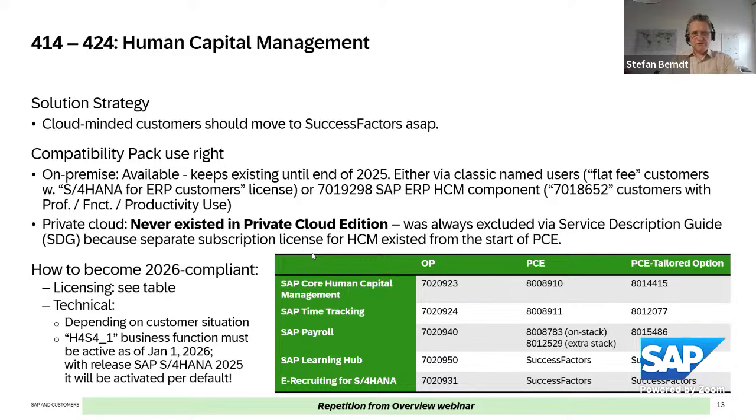And here the use rights expire for the classic solution. With release 22, you now have the chance to switch to the new solution, which is activated by a business function. And only with this activated business function are you then actually compliant.